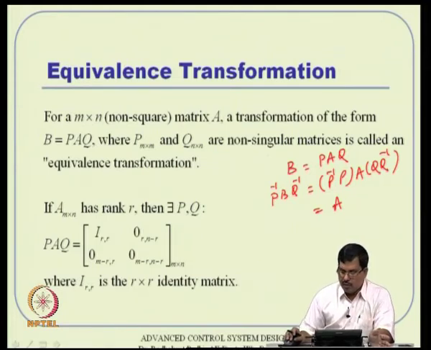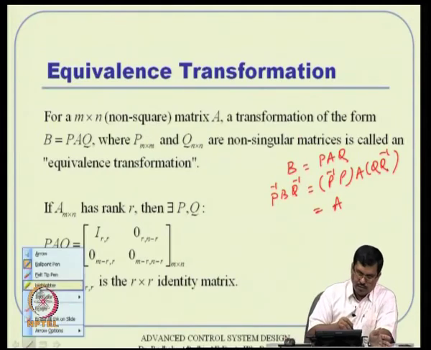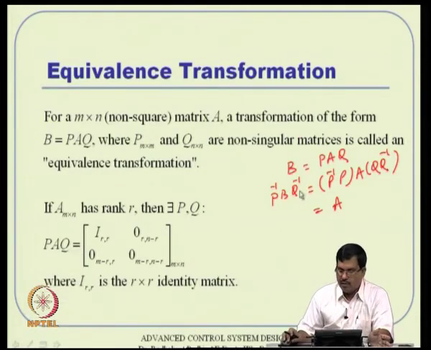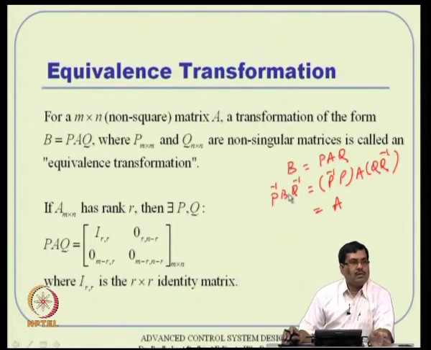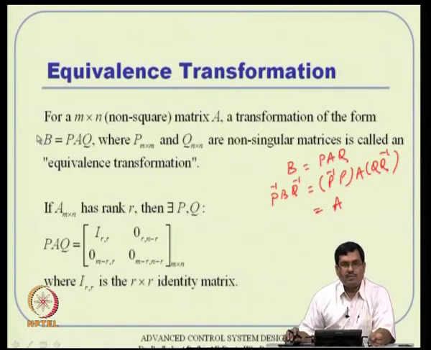So, the real requirement here is that P and Q have to be non-singular, otherwise I cannot talk about their inverses. Okay. So, if I take two different matrices P and Q, which are non-singular, and carry out this algebra P times A times Q, then I end up with a B matrix, and that is called an equivalence transformation.